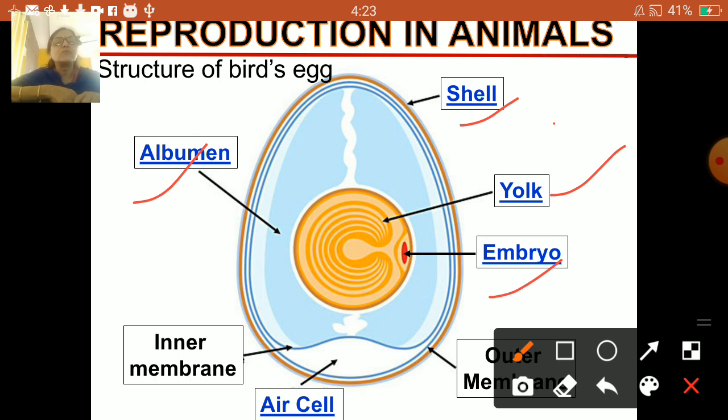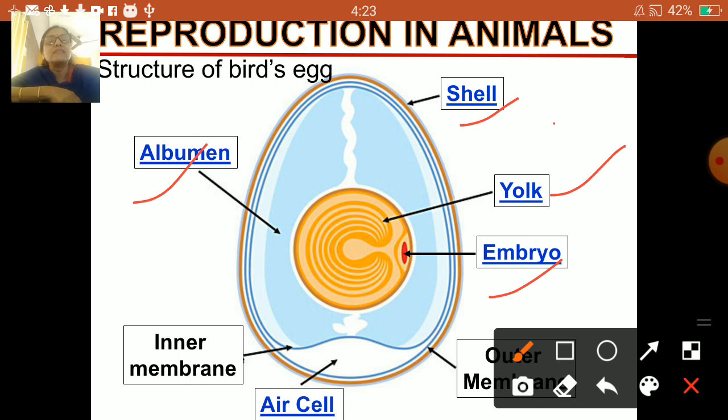This white color albumin protects the embryo because it is surrounding the embryo, and also provides water and protein to it. And yolk also provides the food to the embryo, and this is how the embryo grows.